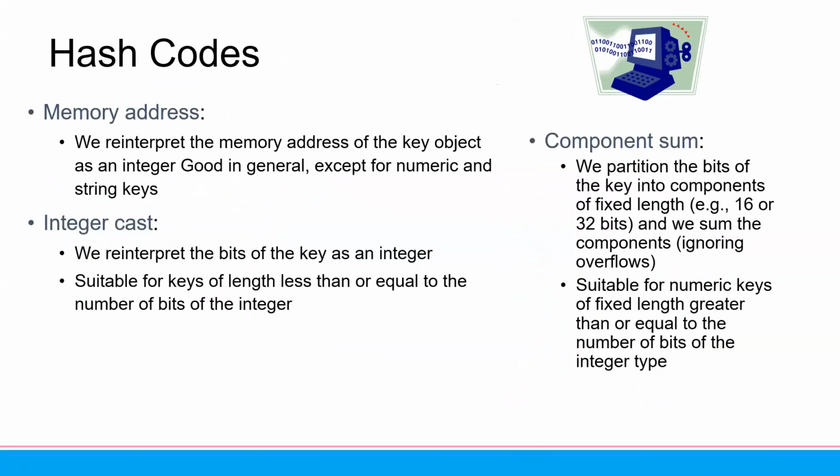So when we define the hash code, there are some ways to do this. The first, we need to understand the memory address. We reinterpret the memory address of the key object as an integer, and it is good in general, except for numeric and string keys.